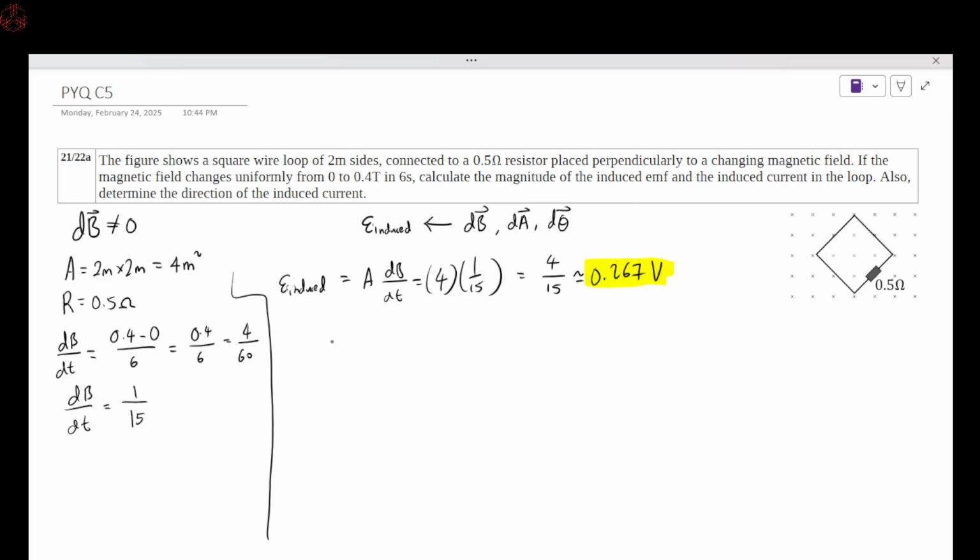Now, this induced EMF is going to create an induced current.